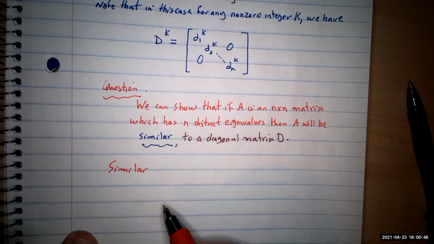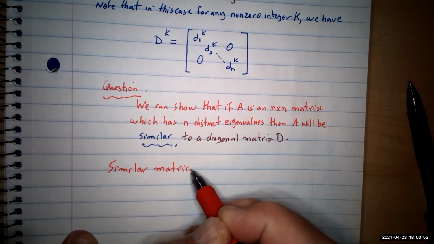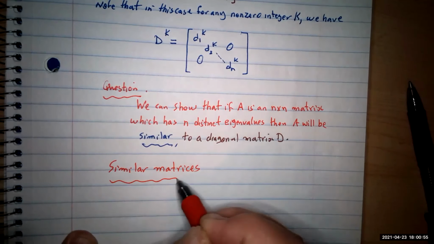You have a number of problems on this one in your book. What are similar matrices?